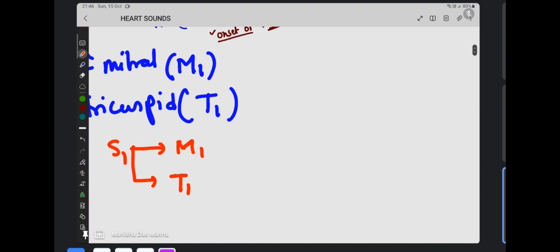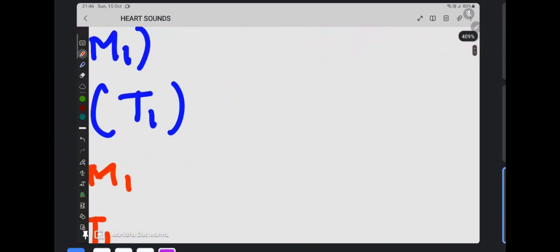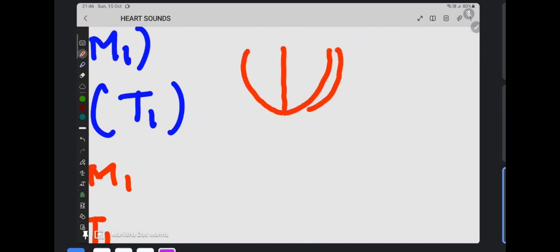Everybody knows that the left ventricular mass, the left ventricle, is three times more muscular than the right ventricle.